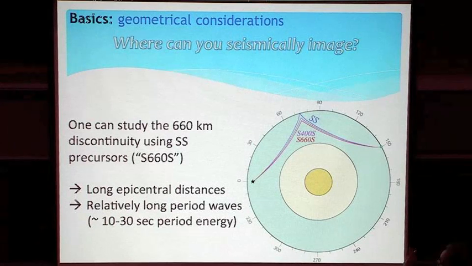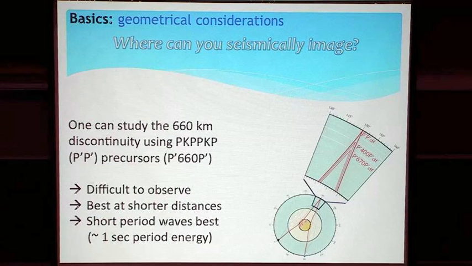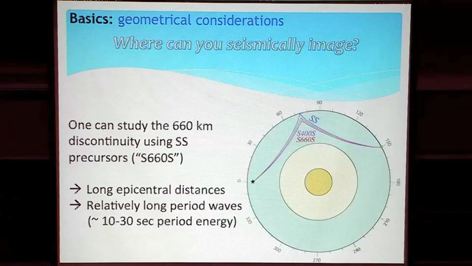You could also do it with, say, P prime. And comment a little bit more on the period path, like something that hasn't come up yet. Yeah, I was going to sweep it under the rug a little bit, and I have a later slide saying that the period of your energy determines the minimum wavelength that you can hope to study of structure.